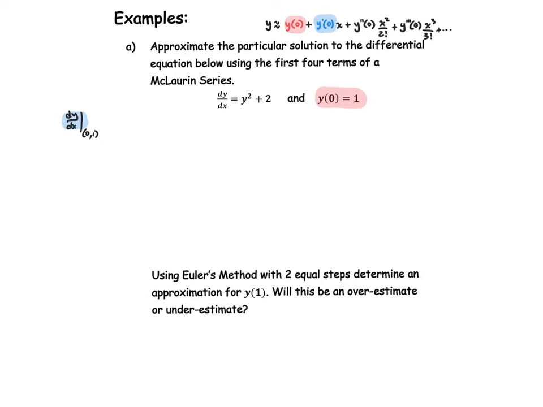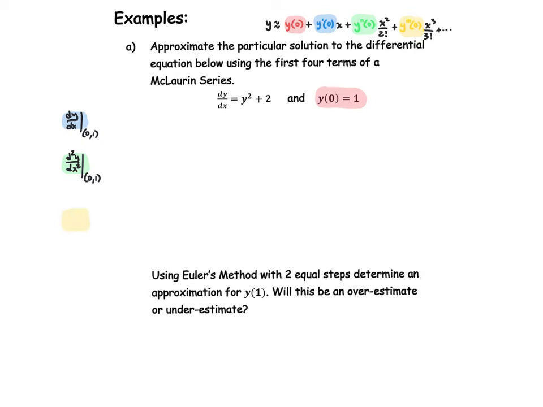Okay, and then y double prime at 0 will be equivalent to the derivative of the derivative, dy dx. So d squared y dx squared, also evaluated at 0, 1. And likewise, we can see that the third derivative would be useful in the same way.